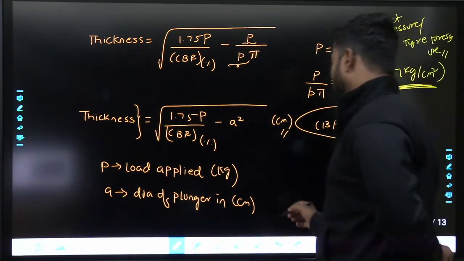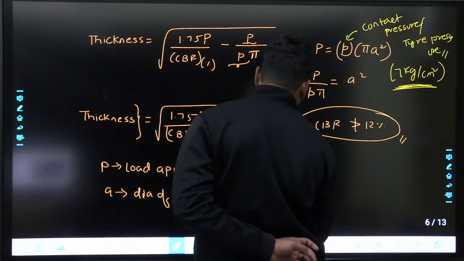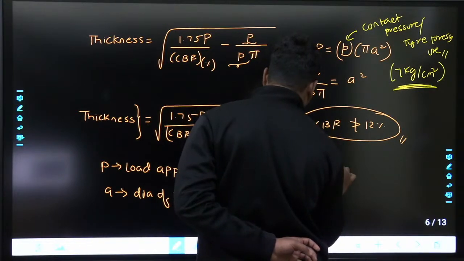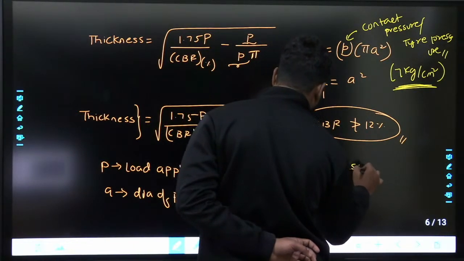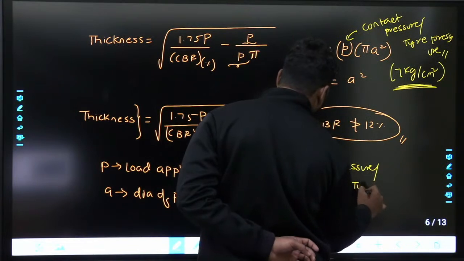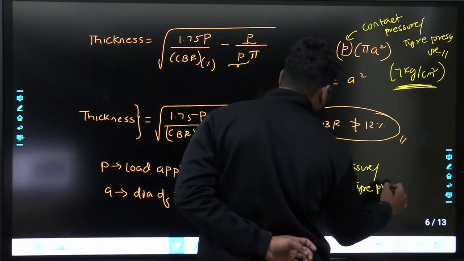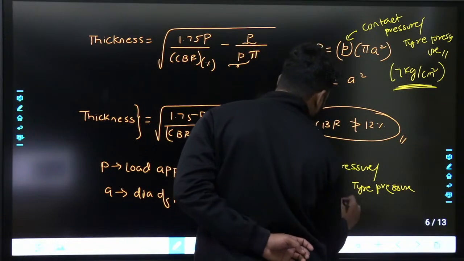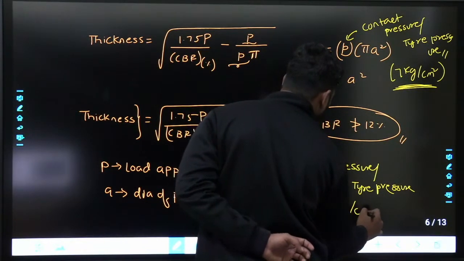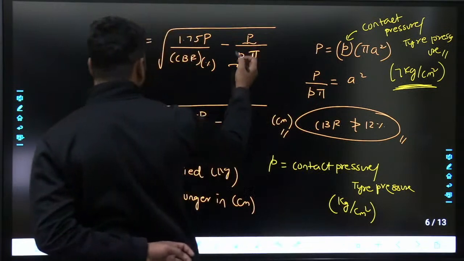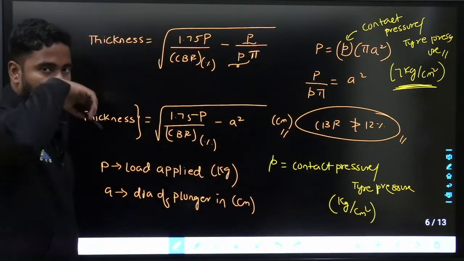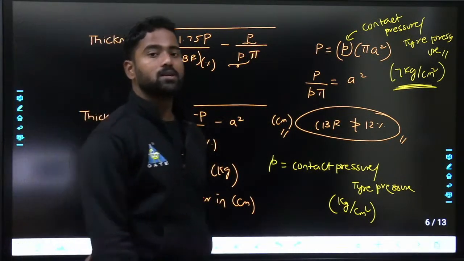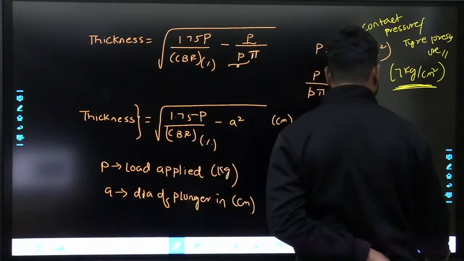So small p you can take as contact pressure or tire pressure. Generally units will be in kgs per centimeter square. Capital P is the load applied or wheel load. Wheel load applied here is 4100 kgs.